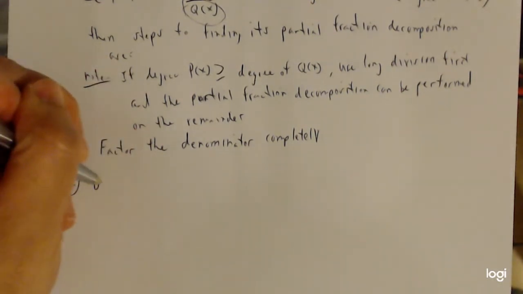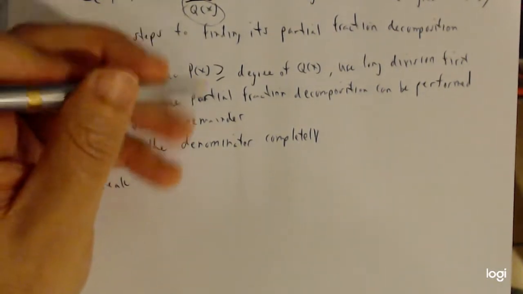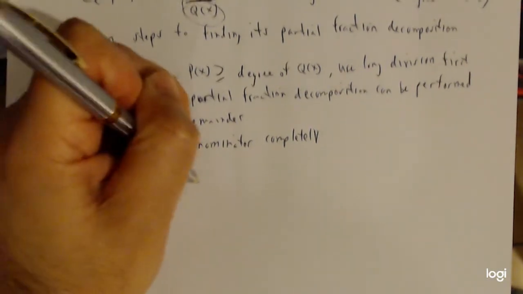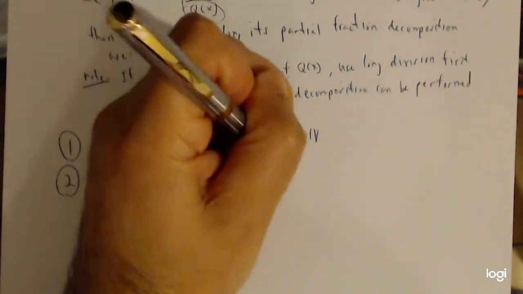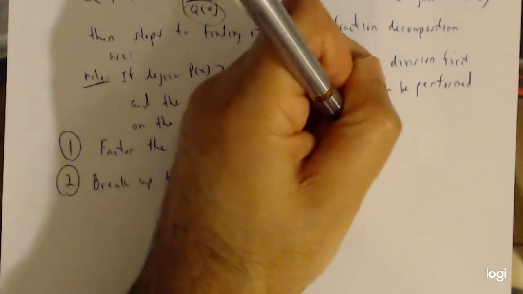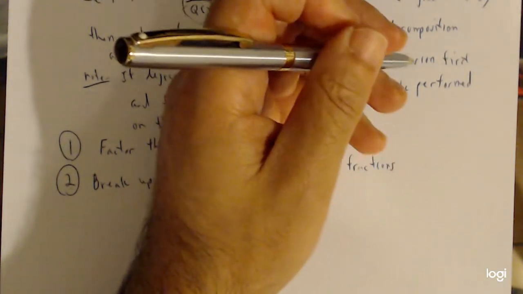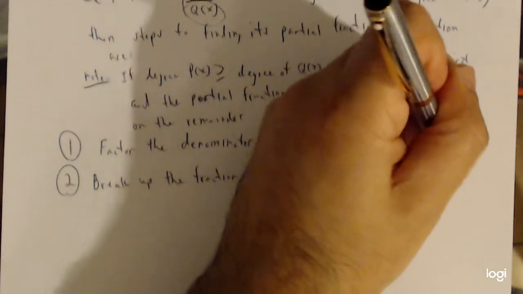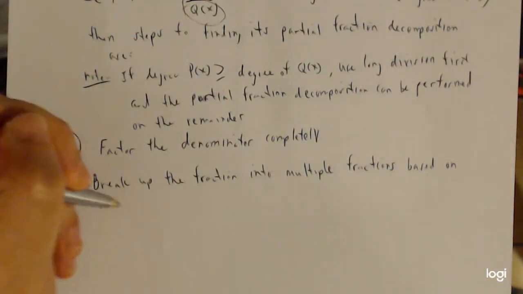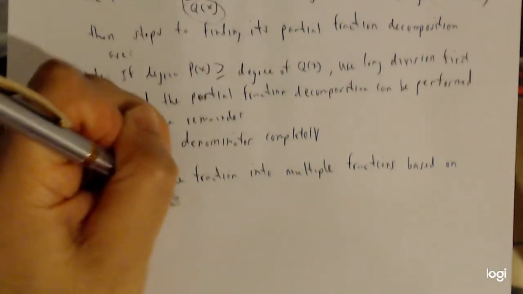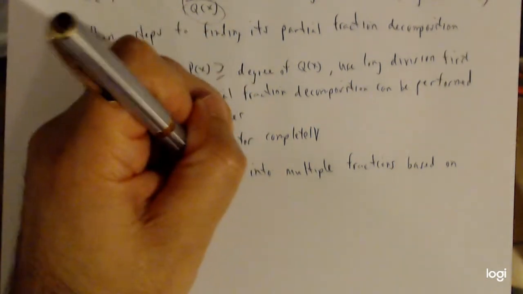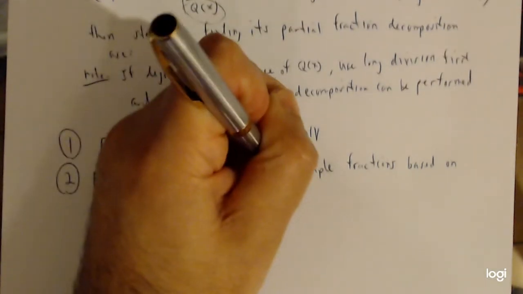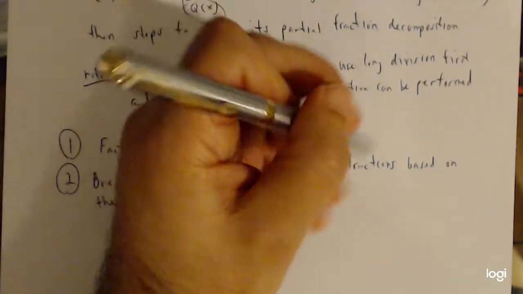Okay, so what's going to happen is now we're going to say break up the fraction into multiple fractions based on the classification of each factor from step one.